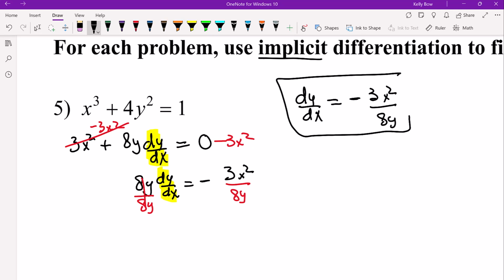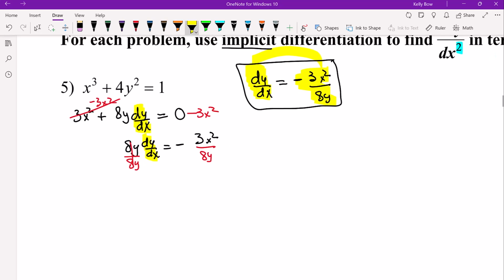This is very important because when we use implicit differentiation for the second derivative, we're going to have a dy dx, and we will substitute it, and write in, instead of dy dx, negative 3x squared over 8y.